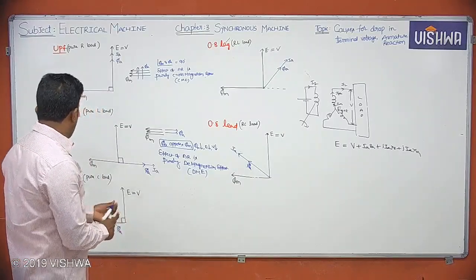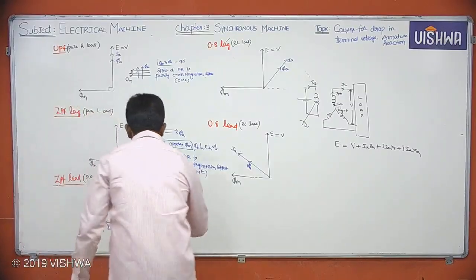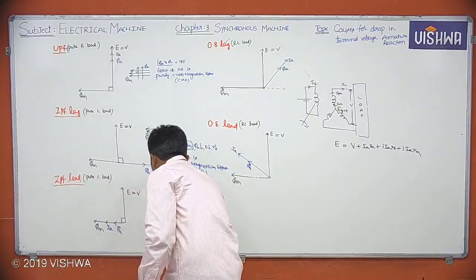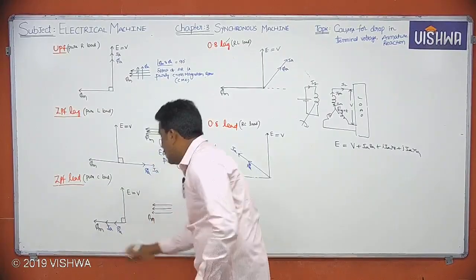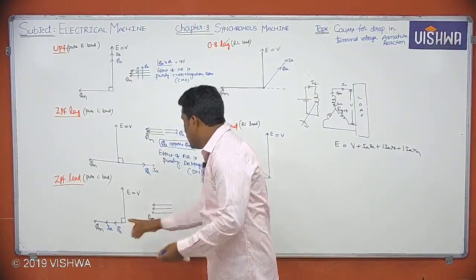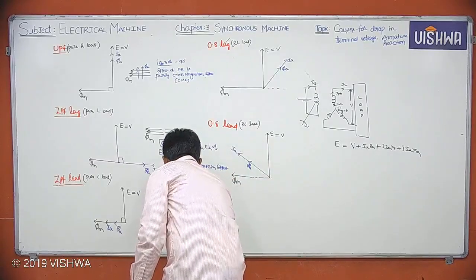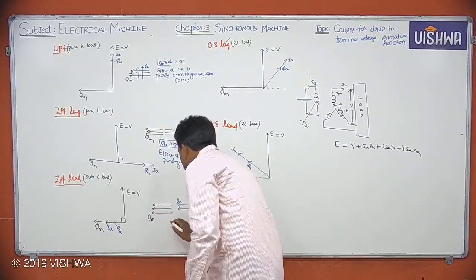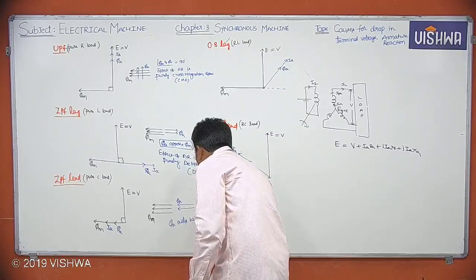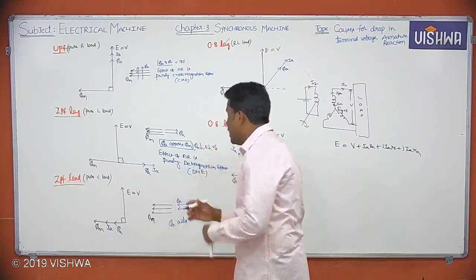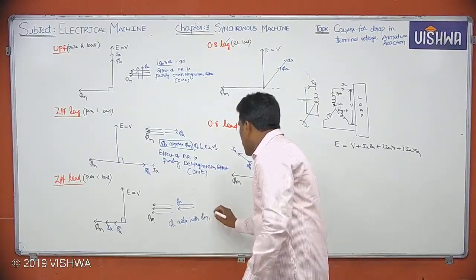Now let me take ZPF lead, pure capacitor load. Phi M is like this. And phi A is in phase with your phi M. So I can write simply like this: phi A aids with the phi M. It is aiding. Whenever phi A is aiding with your phi M, what will happen to net flux?